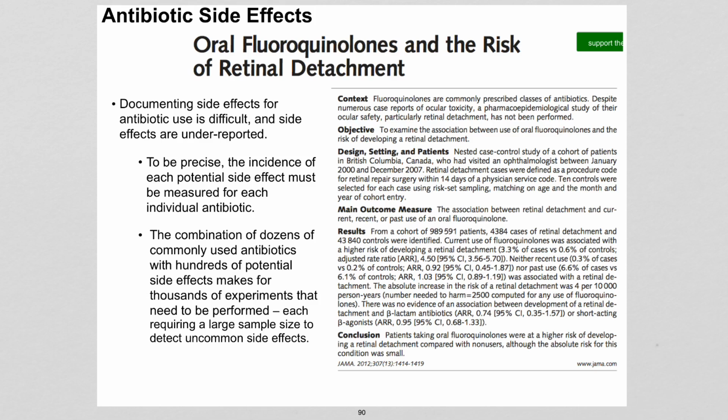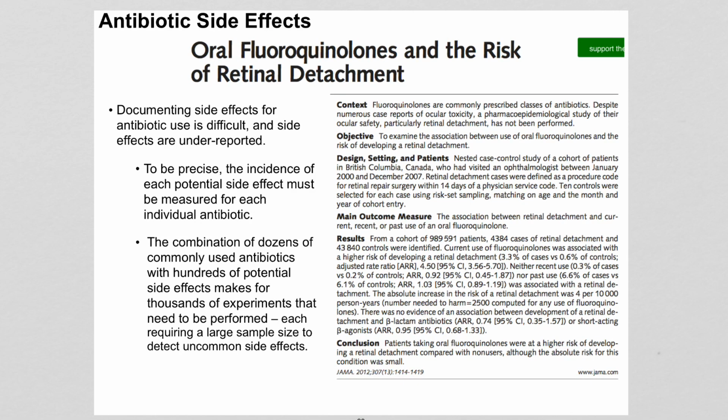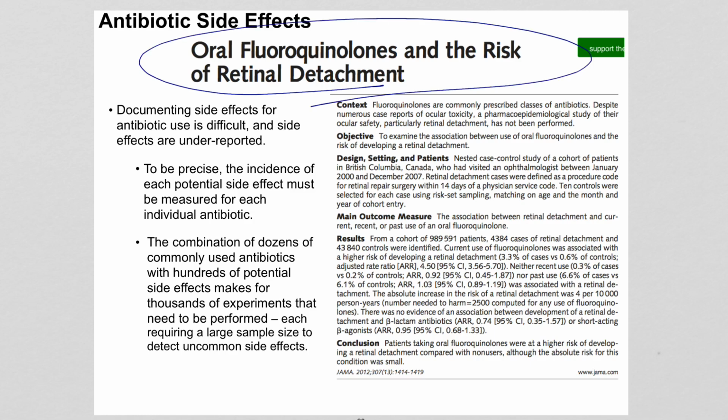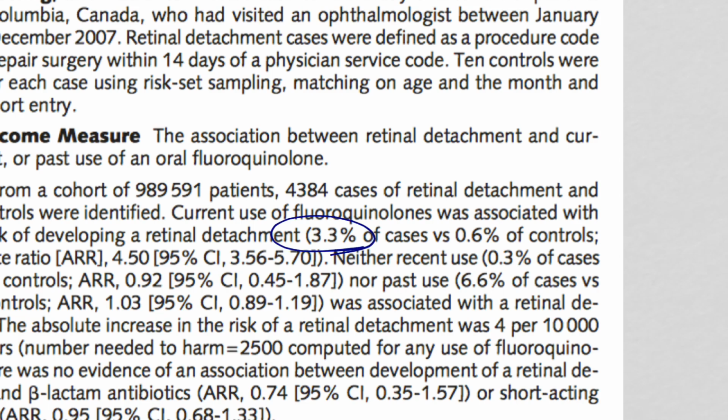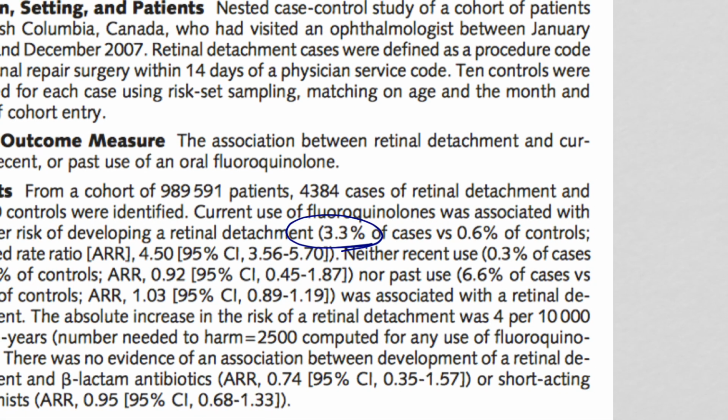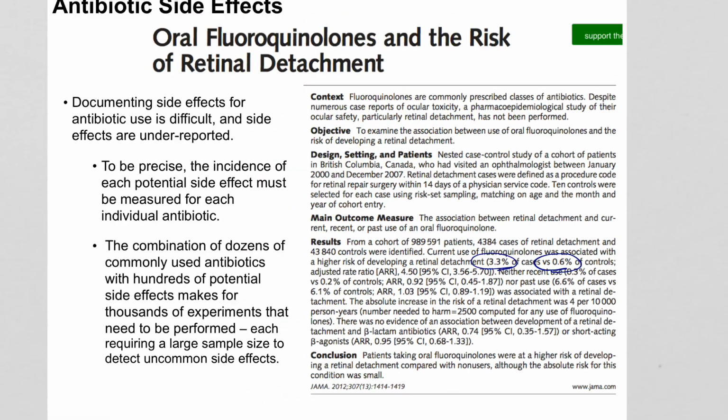Others, this is an example of a category of antibiotics that causes a fairly small but still detectable risk for retinal detachment. And if you look at the numbers, what you'll see is the risk isn't enormous in an absolute sense. 3.3% in antibiotic treated versus 0.6% in controls.